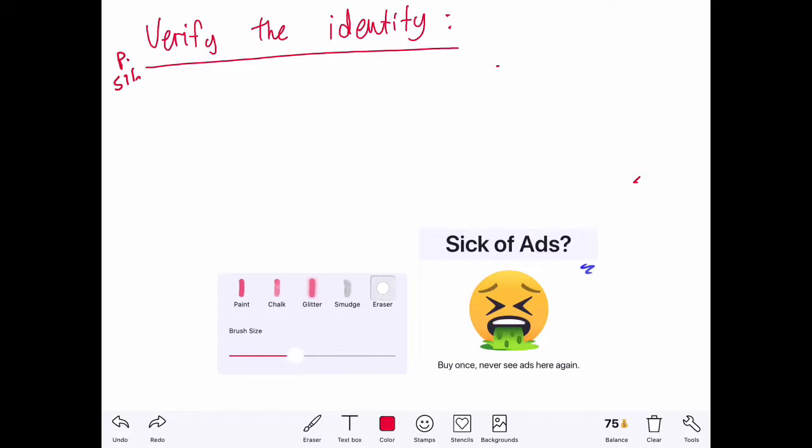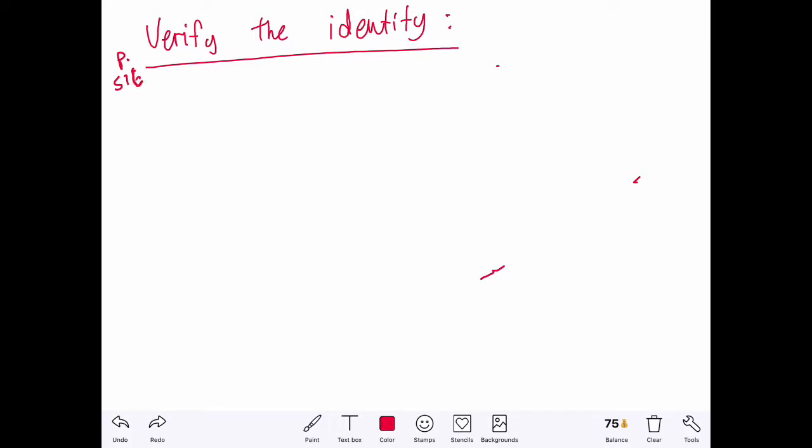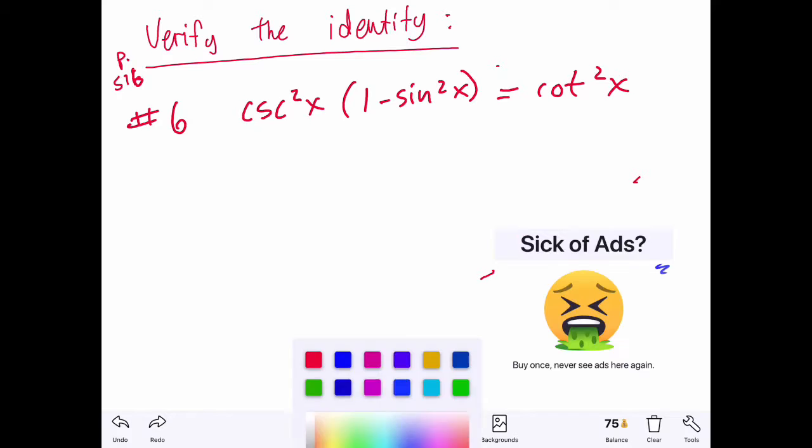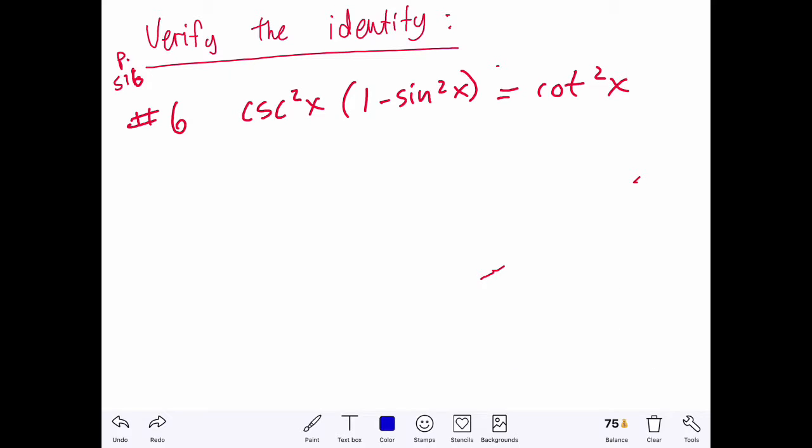How about we do number 6 on 516. Cosecant squared x times 1 minus sine squared x equals cotangent squared x. Well, cosecant squared is the same as 1 over sine squared.